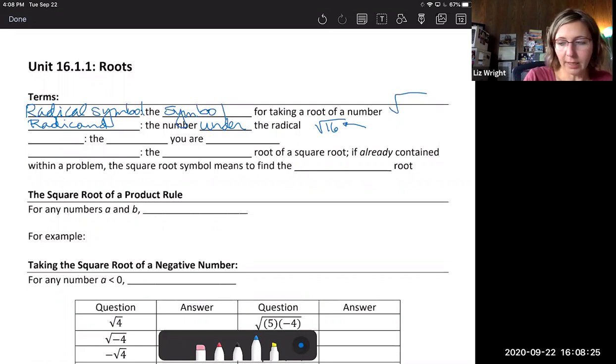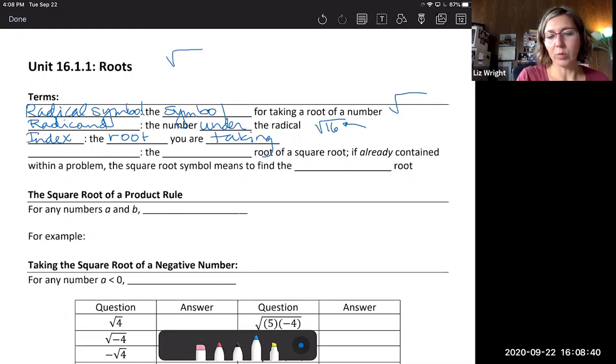Then our next term is going to be index, and it's the root that you're taking. So typically, if we saw something like the square root of 16, it's just implied that we're taking the square root, right? We're taking the second root of it.